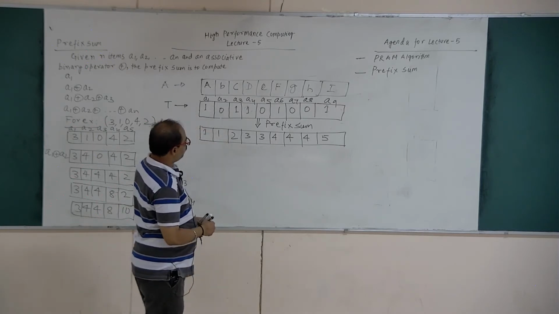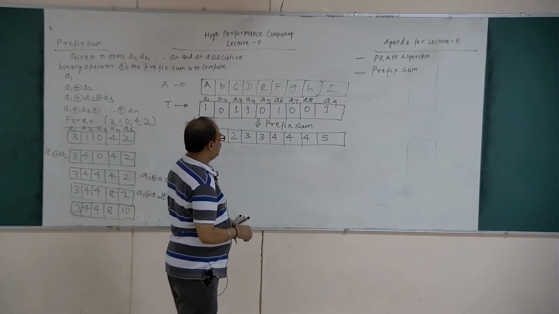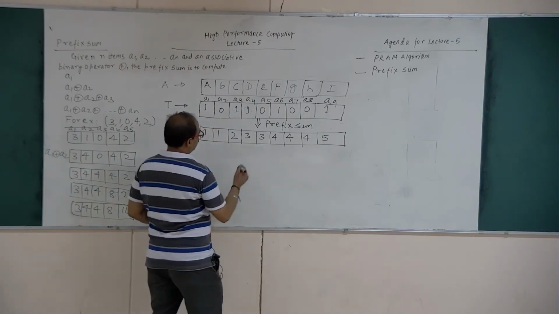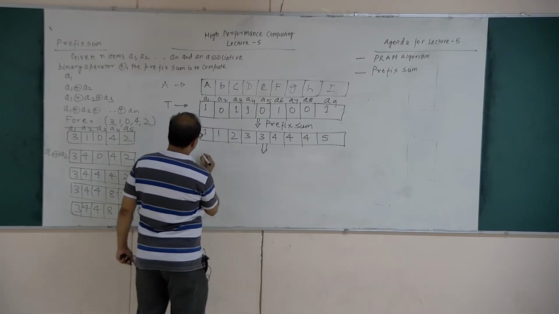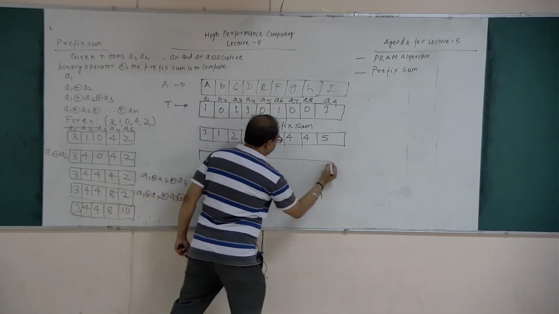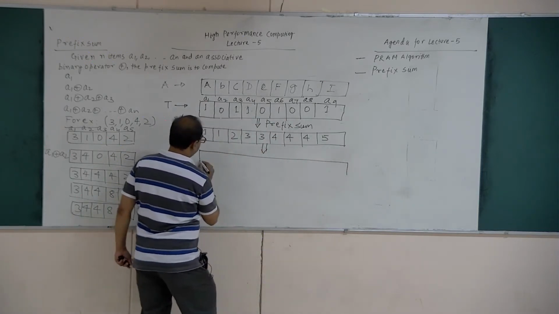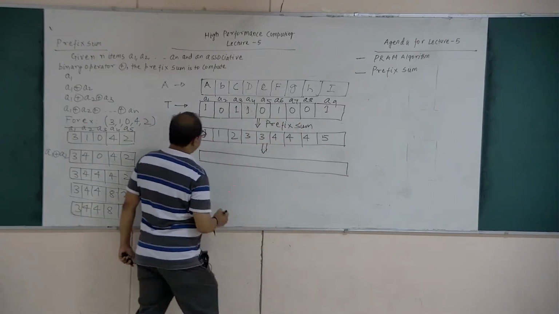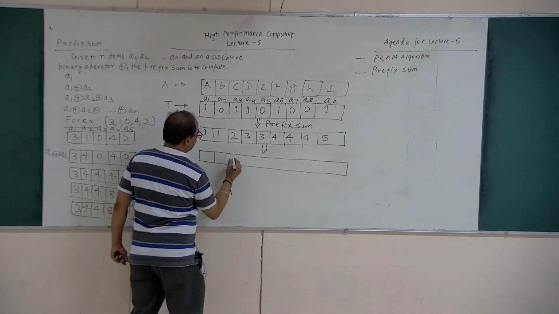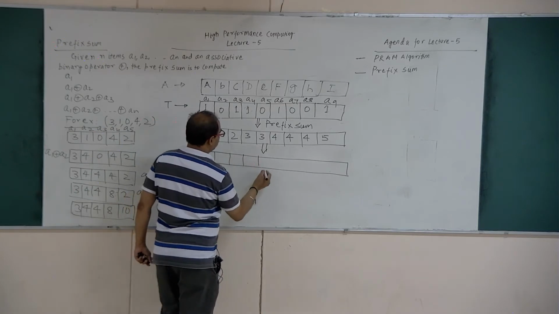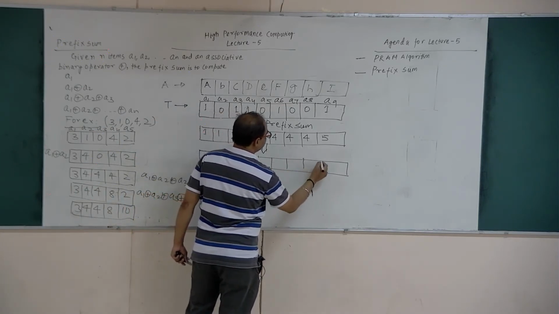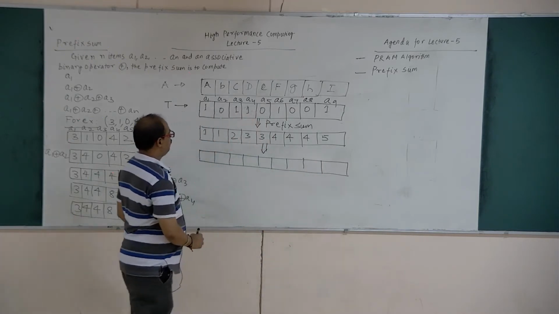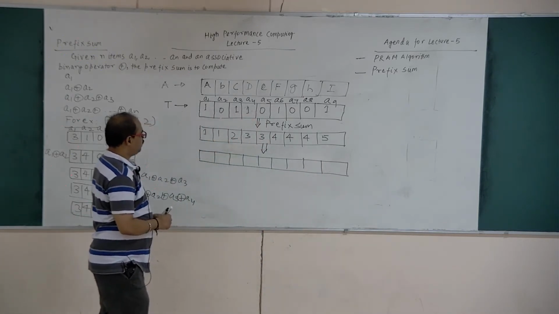So now I will convert this prefix sum to the resultant array A, where we keep the values of capital letters whose position is indicated by the sum value with change.